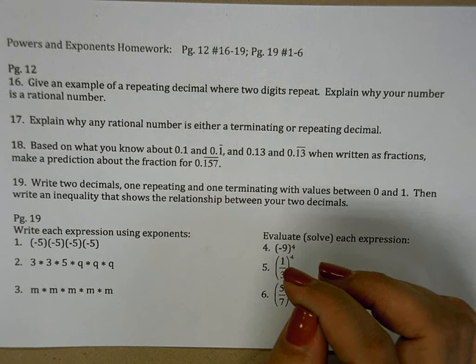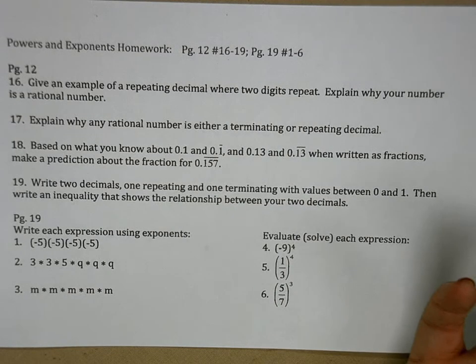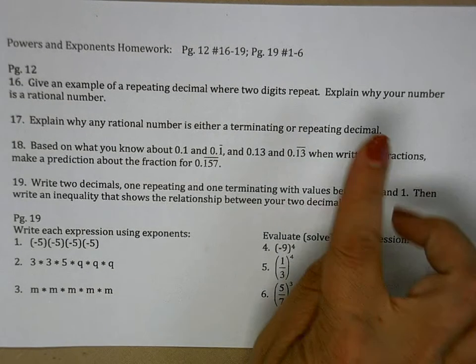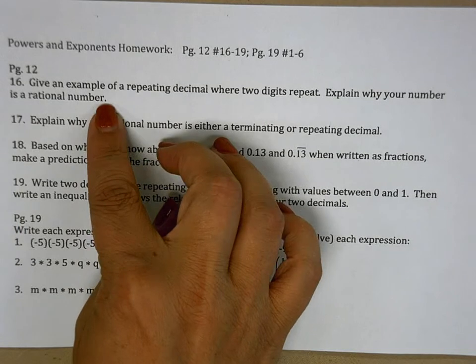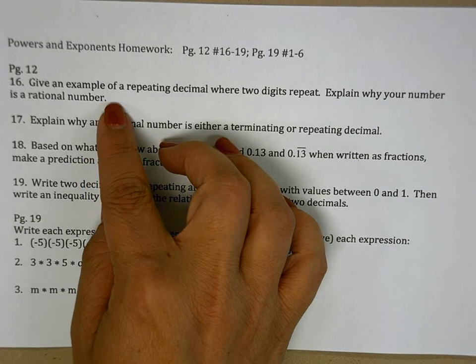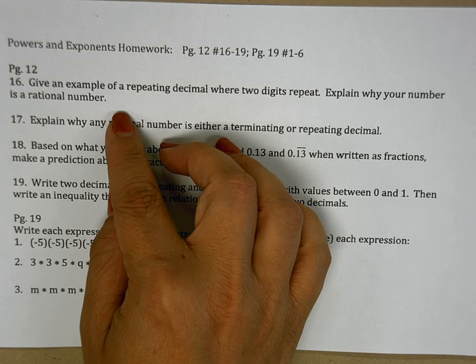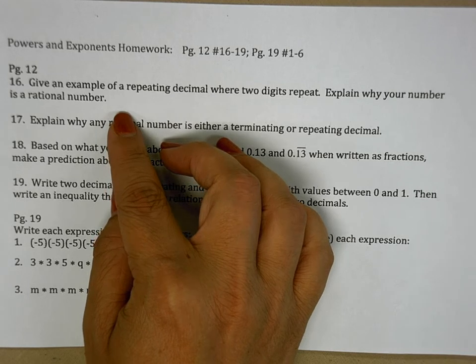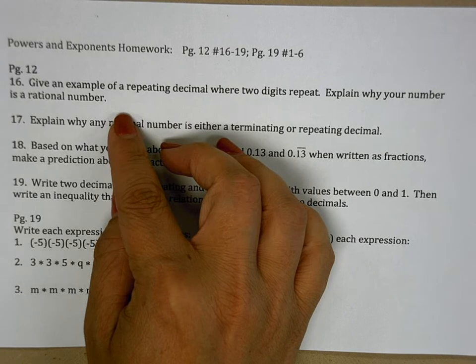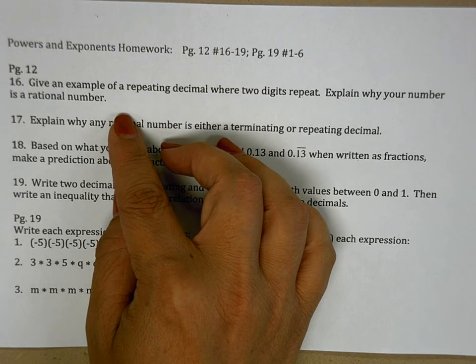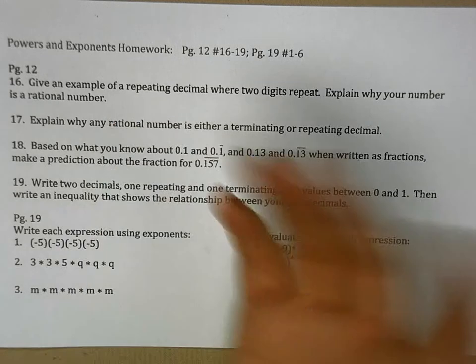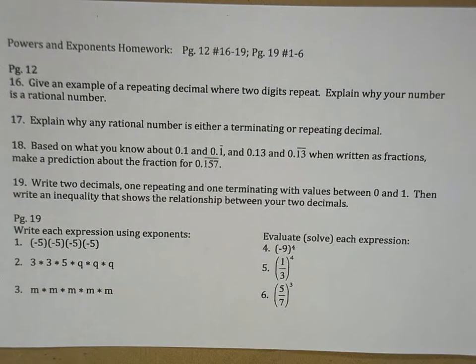That would be repeating, right? 2 digits. 1 and 4 keep repeating. Explain why your number is rational. Why would you say it's rational? Cody? Because the number repeats? That would work. Because we just did that other paper that said what makes them rational, right? It repeats or it ends, right? So you already have an answer. You can change yours if you want, but there's one.